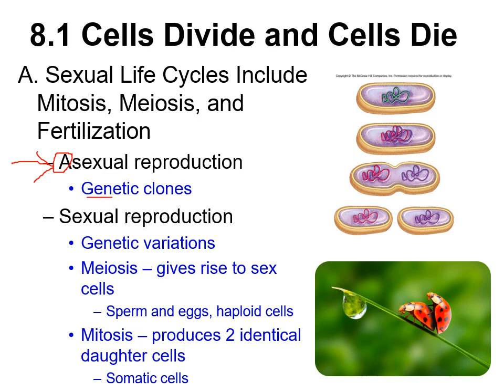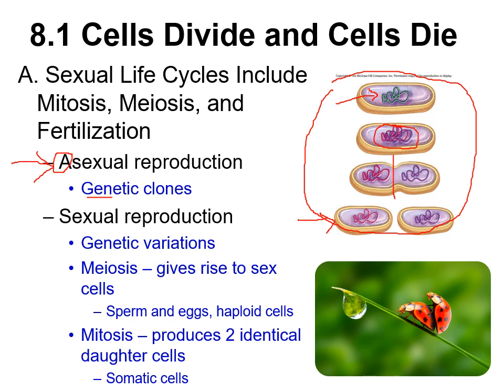So for instance, you have a picture right here of some bacteria, or I should say a bacteria cell. And what it's showing you is that one bacteria cell will go ahead and duplicate its DNA, and then it will physically split the cell in half, creating two what they call daughter cells.